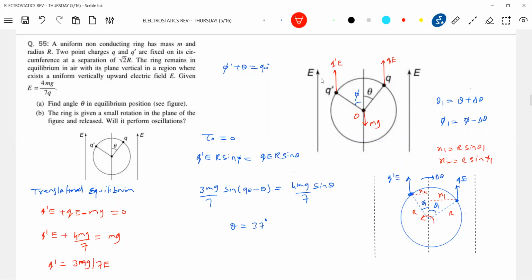The torque will be in this direction. Okay, how is the restoring torque acting? Acting opposite to the angular displacement delta theta.